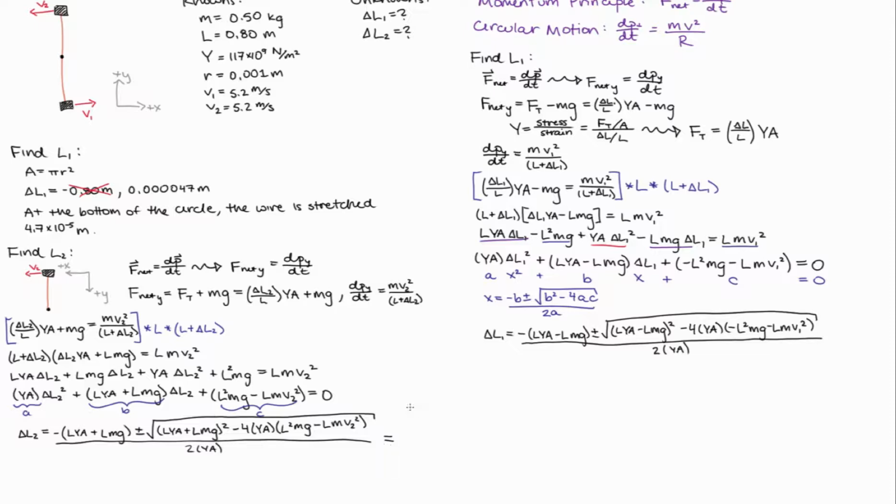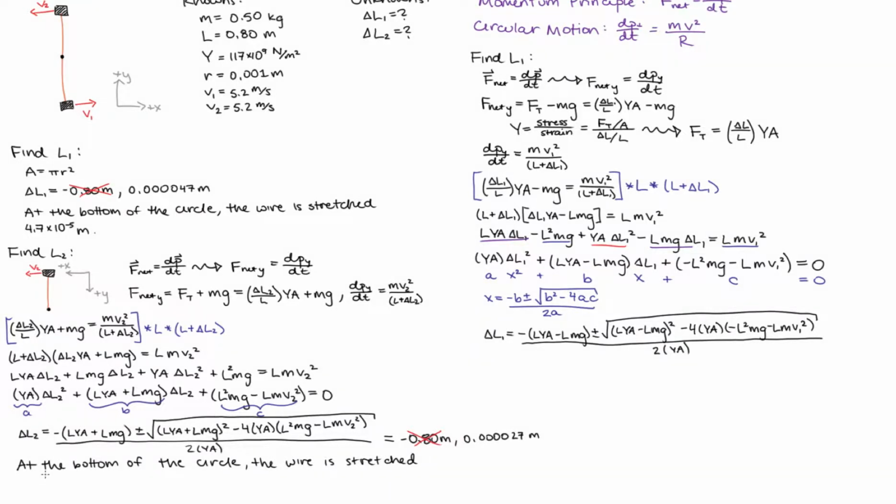Plugging in our values gives us the two possible results, negative 0.80 meters and 0.000027 meters. Once again, we can reject the result which says that the wire compresses to a length of 0. Thus, we find that at the top of the circle, the wire is stretched by a length of 2.7 times 10 to the negative 5th meters.